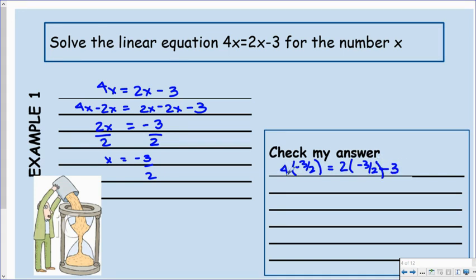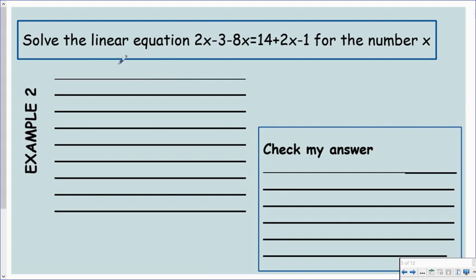Okay, so 4 times negative 3 halves would be negative 6, equals negative 3 minus 3. So we have negative 6 equals negative 6. So yes, this solution is correct for that equation.